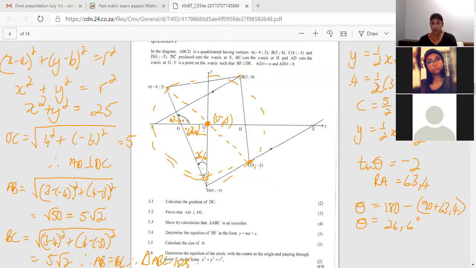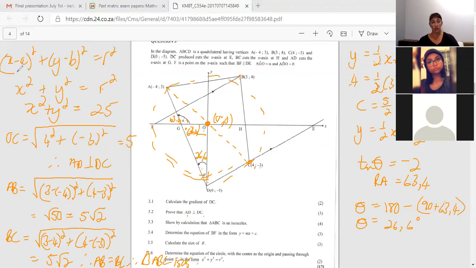17 marks for this whole question. And it should be pretty straightforward to you. So I'm pointing out all the things. Gradient, that's fine. What does this mean? Opposite gradient. What does this mean? Two sides that are equal, so distance formula. Equation of a line. The size of theta, so possibly using tan theta equals m.